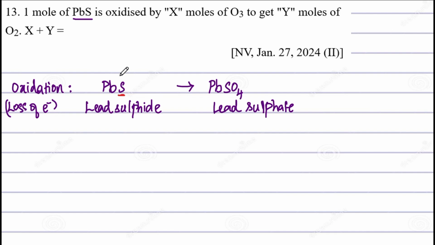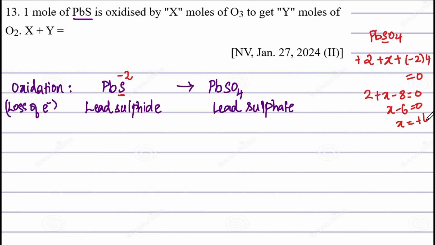Lead sulfide is having the oxidation state of -2. And if you calculate the oxidation state of sulfur in PbSO4, lead is having the charge +2 plus the unknown element X plus oxygen is having the charge -2 into 4 atoms, everything equal to 0. So 2 plus X minus 8 equal to 0. So X minus 6 equal to 0.